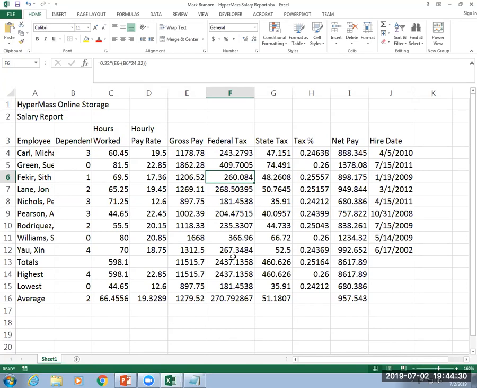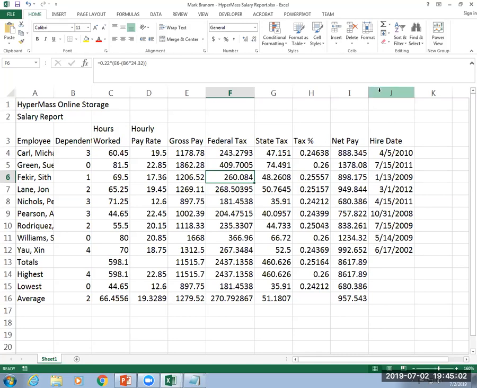Because as important as this stuff is, there are some more important stuff that I think I want to tell you about. So in column J, you may have noticed that when we typed in the dates, we typed in 4/5/10 and it translated to 4/5/2010. That's because in Excel, whenever you put in a date, it figures out that you're probably putting in a date.